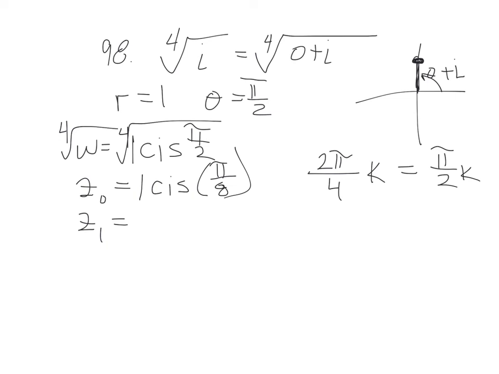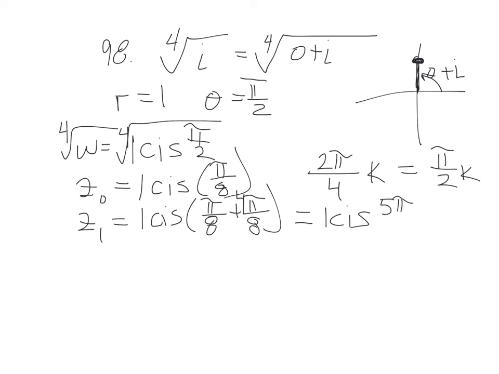So 1 cis, we start off with our pi over 8, and we are going to add pi over 2 to that. We're going to have to get like denominators, so I'll multiply the second one by 4 over 4, which will then give us 4 pi over 8. So our next one's going to be 1 cis of 1 pi over 8 plus 4 pi over 8, which gives us 5 pi over 8.